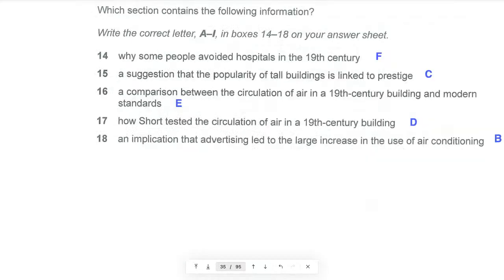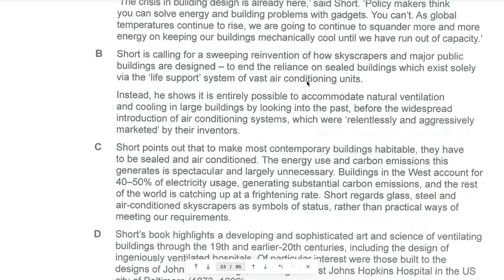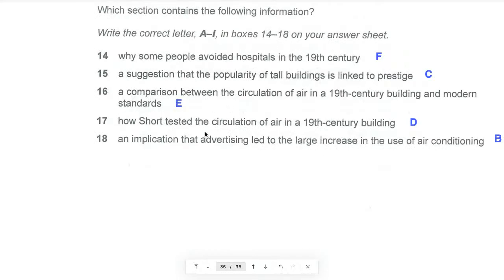That's it. It doesn't relate to the large increase in the use of AC. The large increase in the use of air conditioning, where's that? Yes, the widespread introduction of air conditioning systems. That means the large increase in the use of air conditioning. Okay?